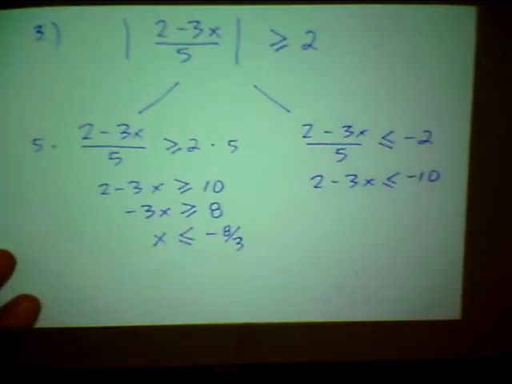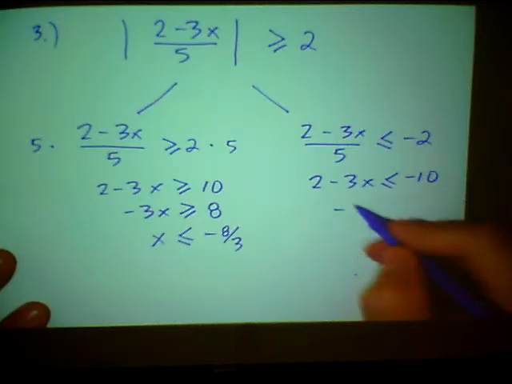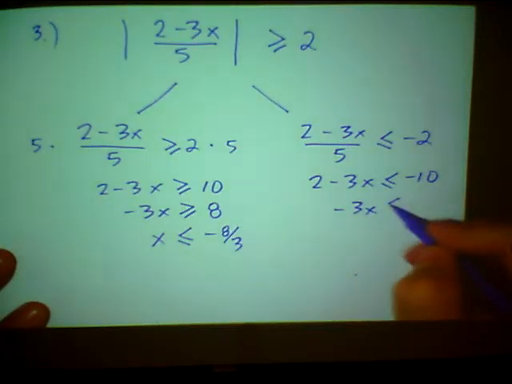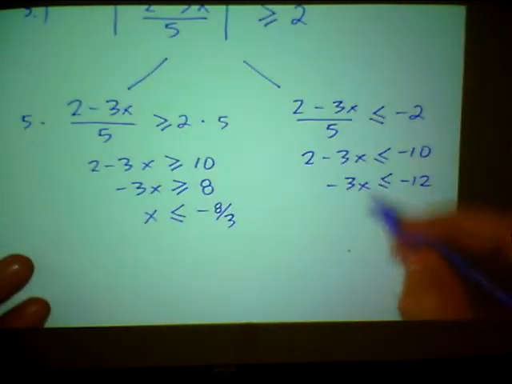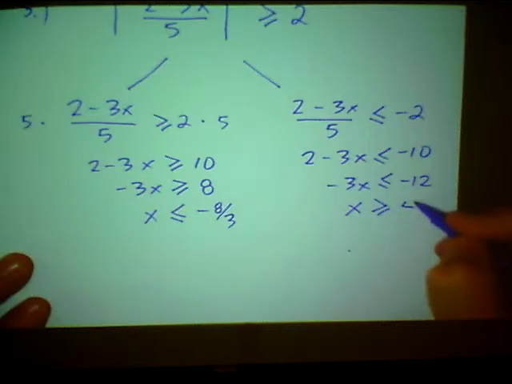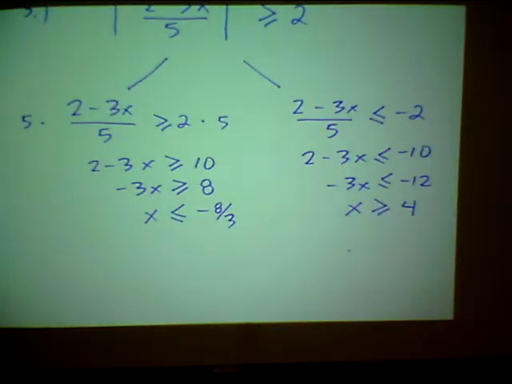Subtract 2 from both sides. Negative 3x less than or equal to minus 12. And now I'm going to divide both sides by minus 3. Once again, I'm dividing both sides by a negative number. I can do it, but I must flip the inequality, and I get x greater than or equal to 4.